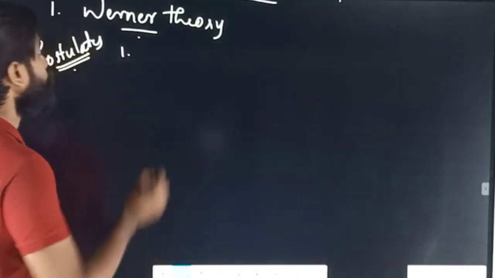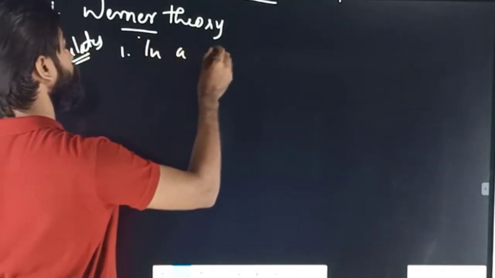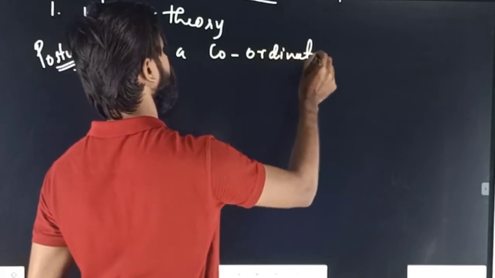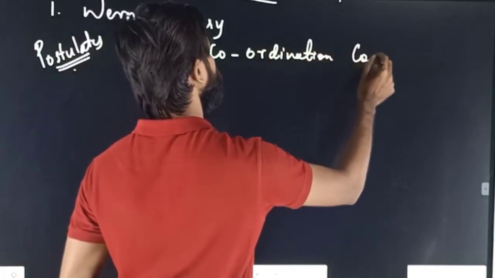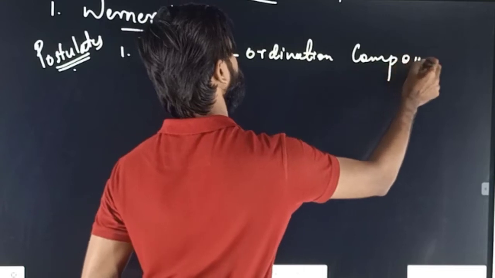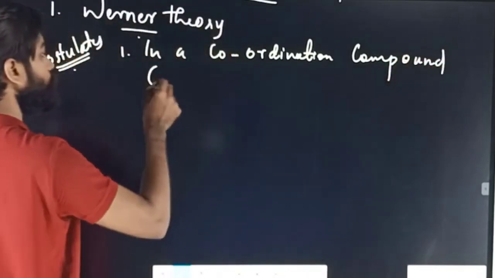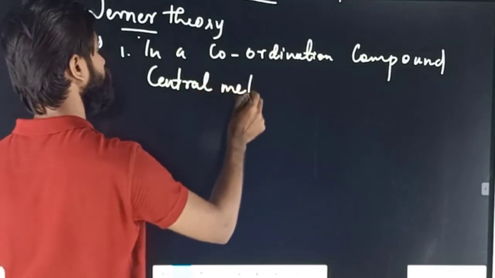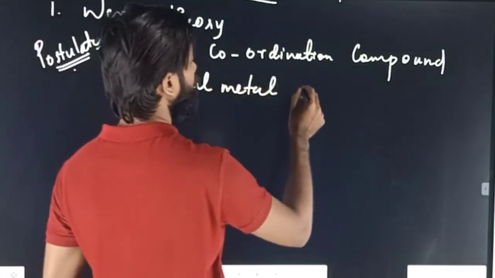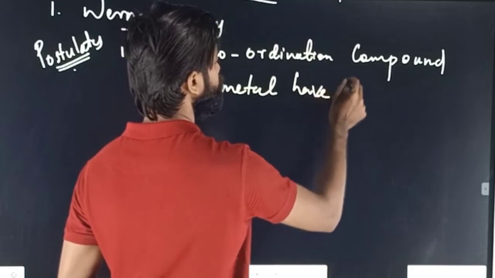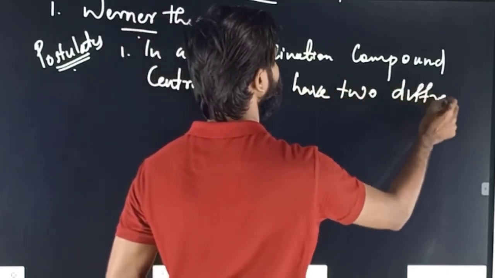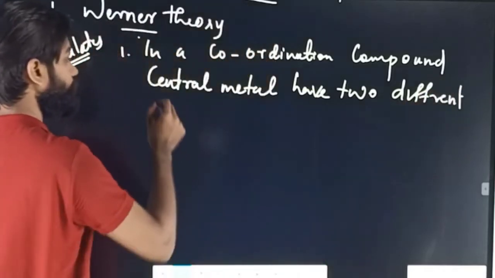In a coordination compound, the central metal has two different types of valency.